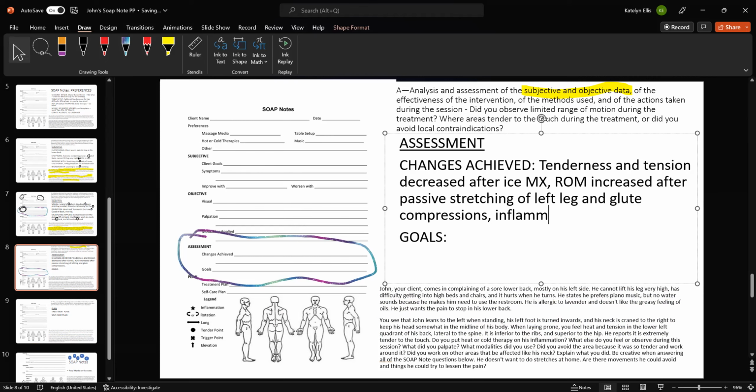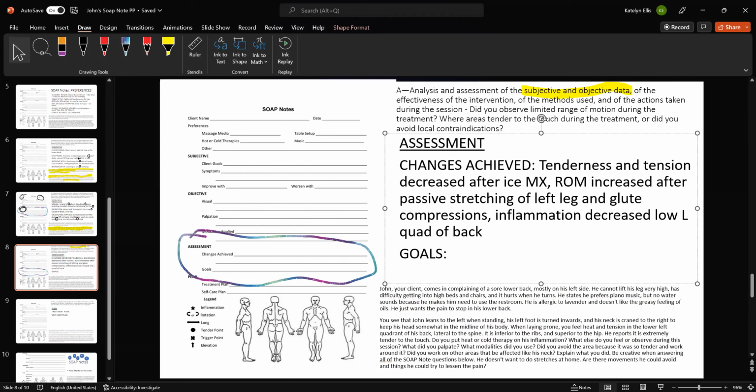Well, we could say inflammation decreased as well, because we used ice in the area of the low left quadratus lumborum of back. We did not do any friction. We didn't do anything that would increase a lot of inflammation there. We just did a lot of ice massage to decrease that tenderness and inflammation.